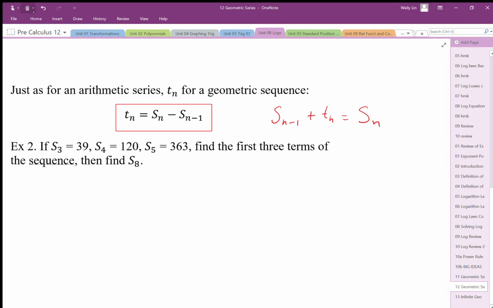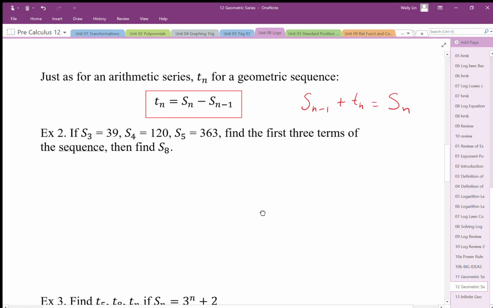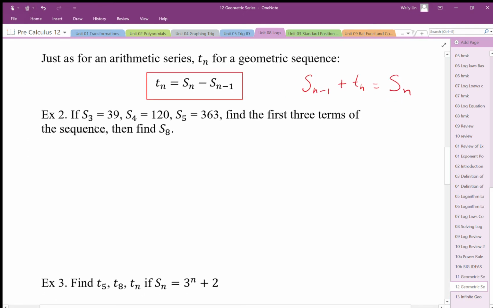So this is an example here where I have S3 and S4, S4 and S5. We're told this is a geometric sequence. Actually, it doesn't say that, but we have to assume that. So if I subtract, we can go S4 minus S3. If I take the first 4 terms and take away the first 3 terms, I'm left with the 4th term only.